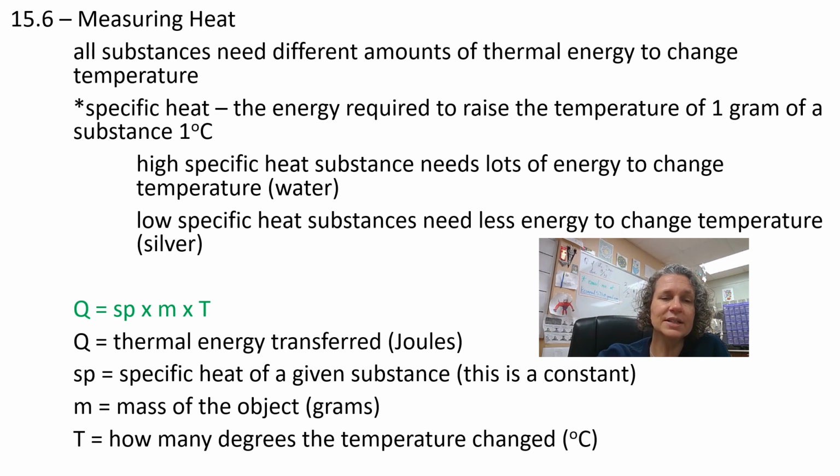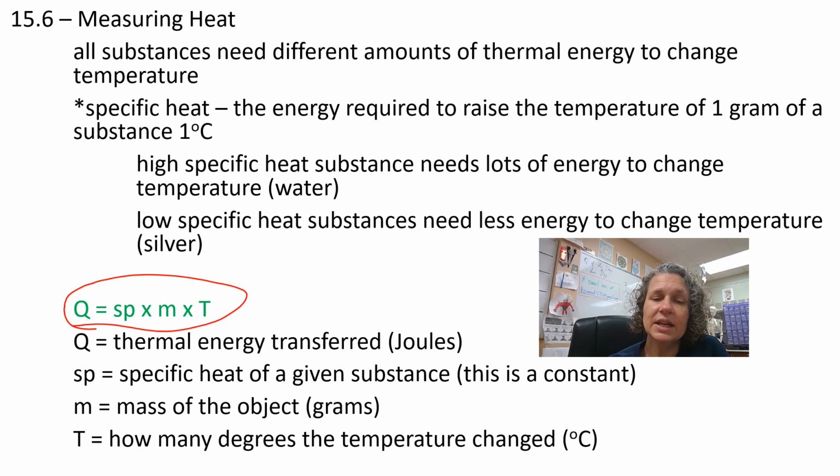This formula down here is our other formula for this unit, and it is how to calculate the thermal energy, so how much energy is being transferred when this heat is flowing. The Q is equal to thermal energy, measured in joules.